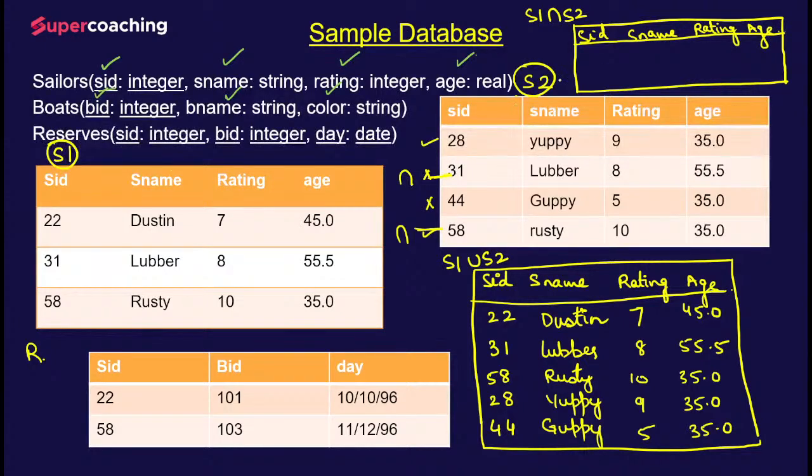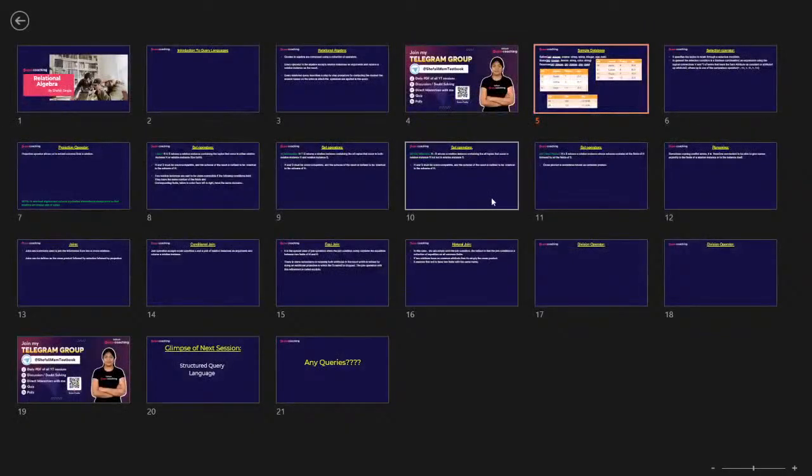So here the SID common in both the tables is 31 and 58. Enter the remaining information, 8 and 55.5. And here we are getting Rusty, 10 and this is 35.0. This is the result after applying the intersection. Intersection means we are just taking the entries which are common in both. Union and intersection clear?